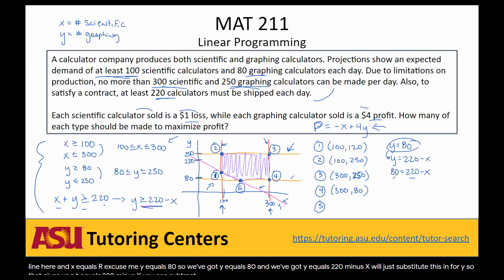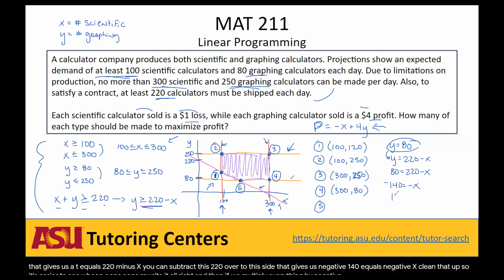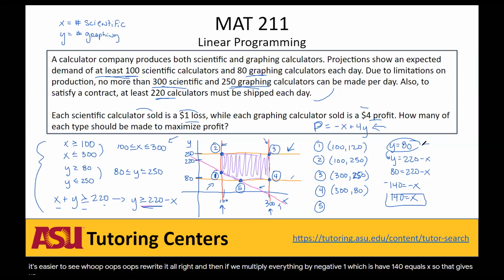Subtract the 220 over to this side, and that gives us negative 140 equals negative x. If we multiply everything by negative 1, we just have 140 equals x. So that gives us y equals 80 and x equals 140. So 140 and 80 is our last point.